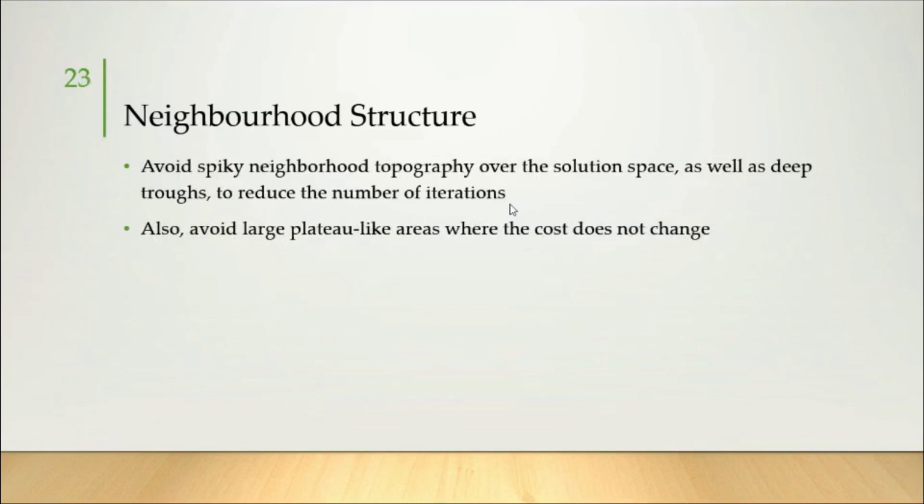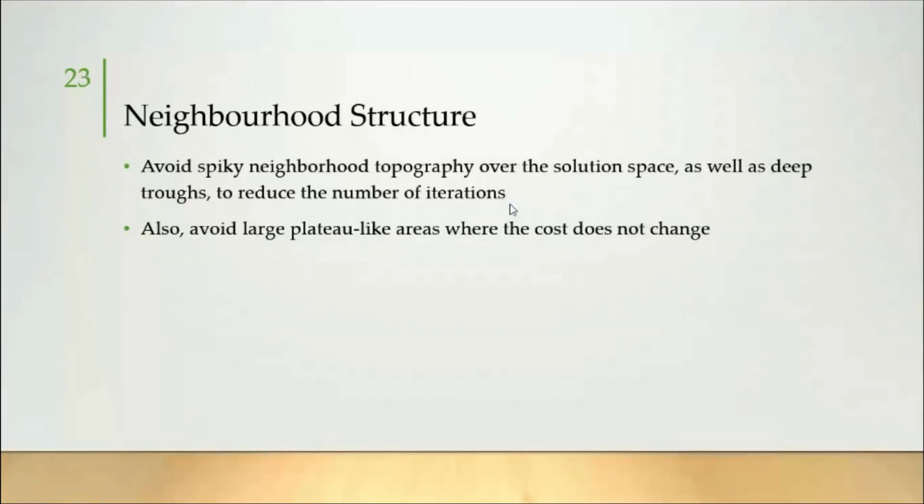So avoid spiky neighborhood topography over the solution space, as well as deep troughs, to reduce the number of iterations. That is what you saw in our representation of the ball on terrain problem. There were very large troughs as well as very high peaks.